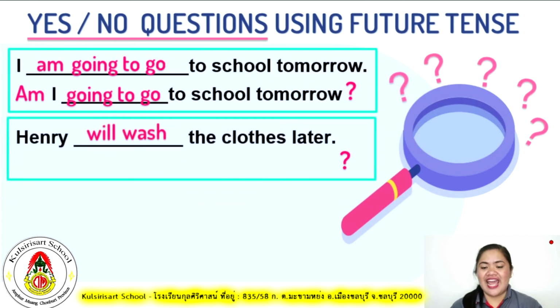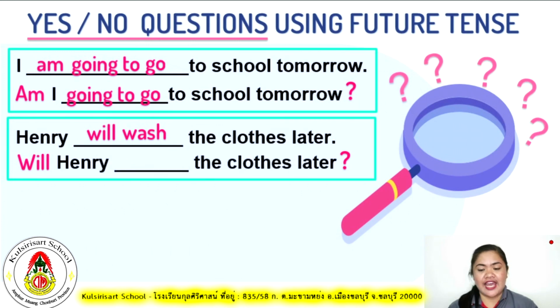Next, Henry, okay, we have another example. Henry will wash the clothes later. This is the usage of will. So, what word should our question start with? Okay, it should start with will because we have will here. And then the subject, Henry.